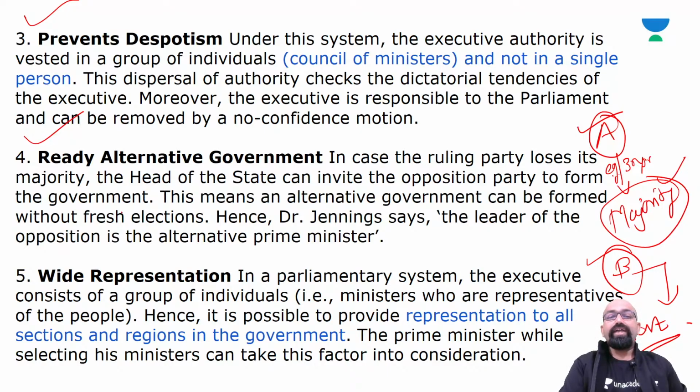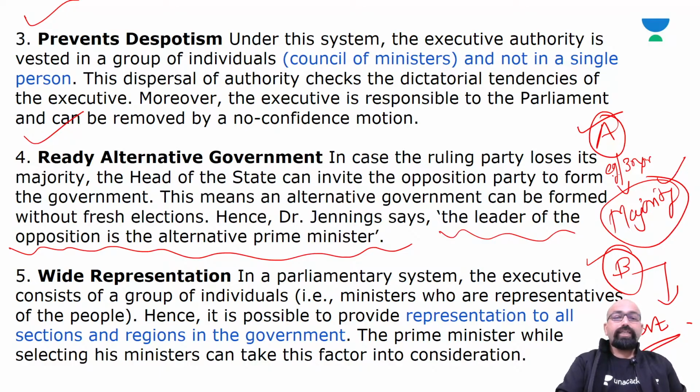This is known as ready alternative government, which means an alternative government can be formed without fresh elections. And one of the experts, Dr. Jennings, says the leader of the opposition is the alternative prime minister. Yes, this is the importance of the leader of the opposition. So the leader of the opposition is the alternative prime minister, said by Dr. Jennings, one of the constitutional experts.